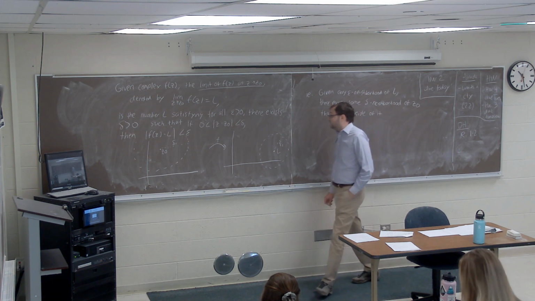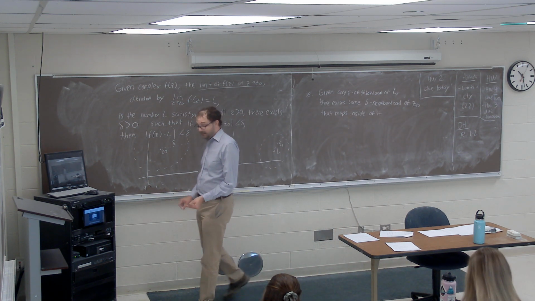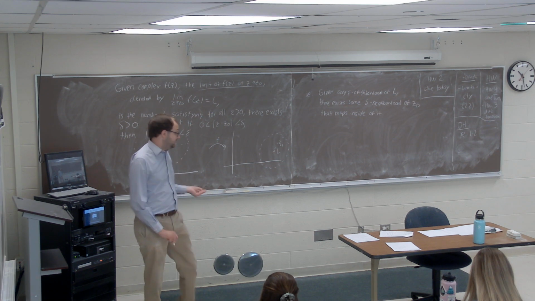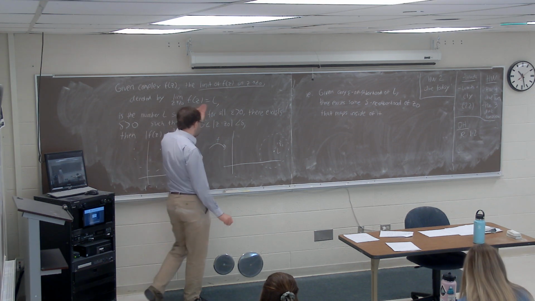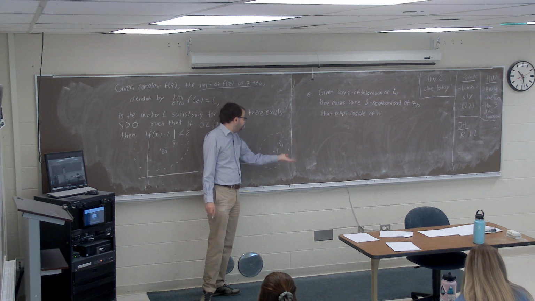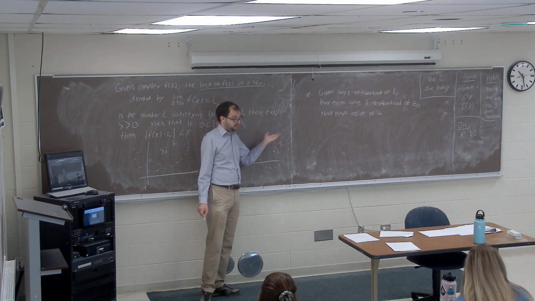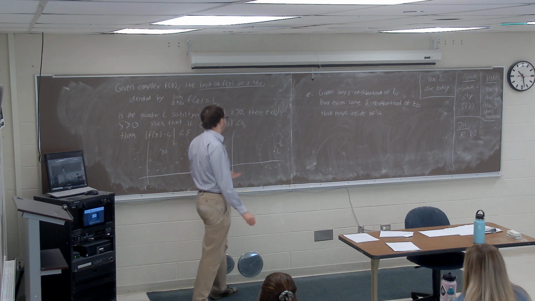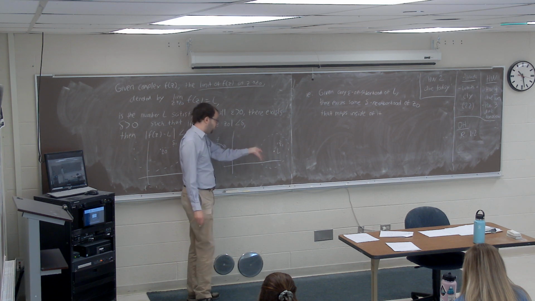Here, where we're looking at two copies of the complex plane, it's slightly different in that we're still drawing an epsilon disk around our limiting point in the codomain, where the points are getting mapped.